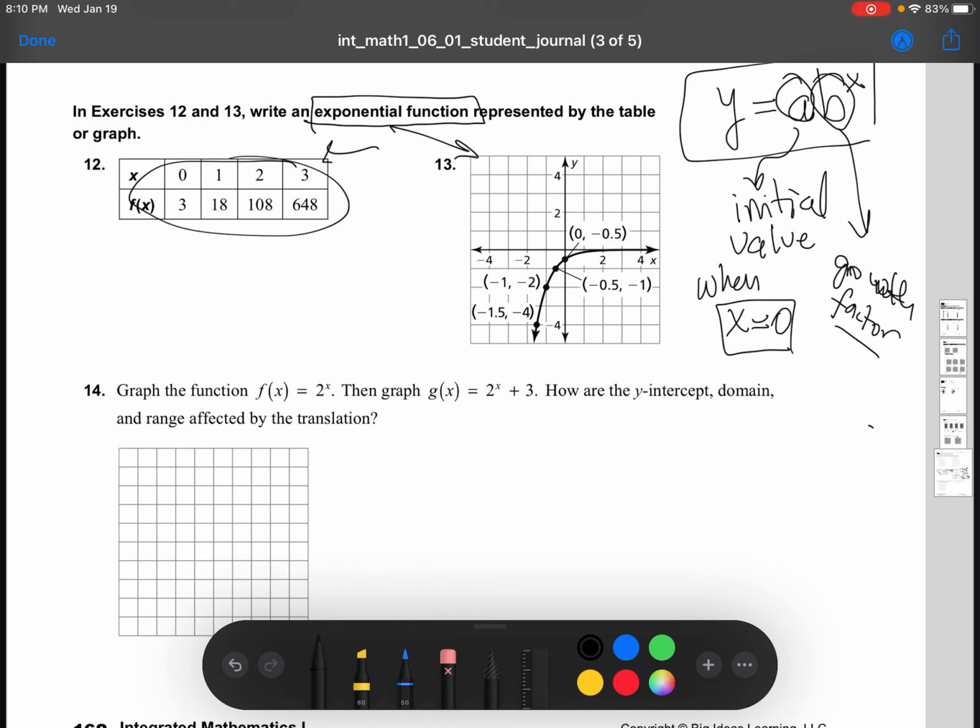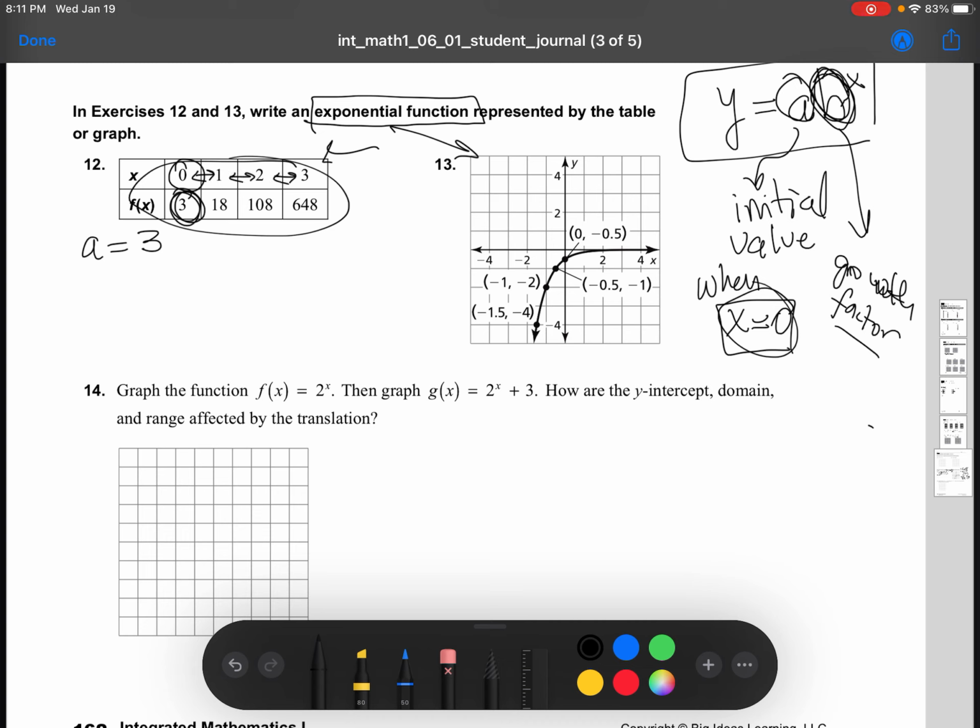When you have a table, can you see that the initial value being 0 is right here? So the y value in this case is 3. So we already found that initial value, a equals 3. Now, if you want to know what b is, let's make sure of something. Can you see that the x values are increasing by 1?